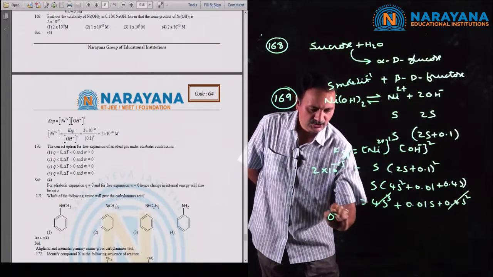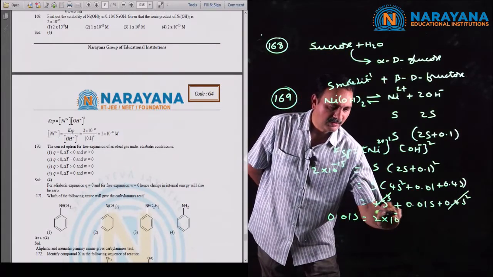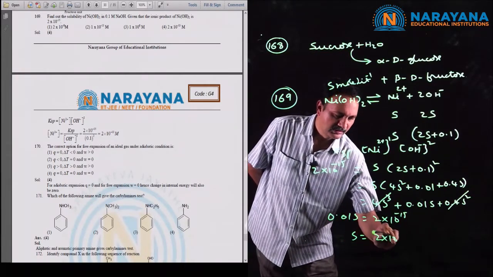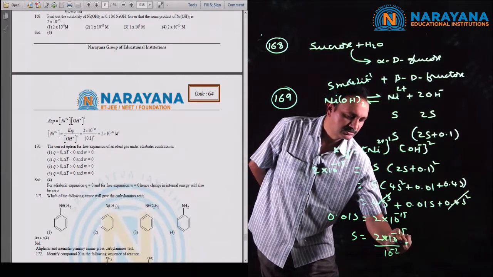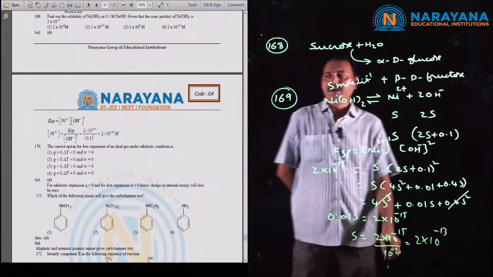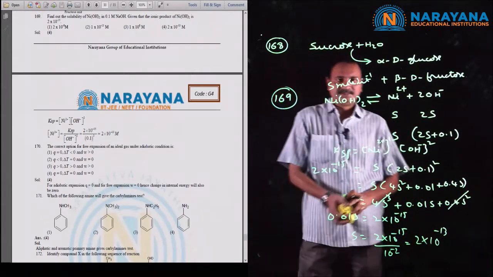Now 0.01S is equal to 2 into 10 power minus 15. So solubility is equal to 2 into 10 power minus 15 divided by 10 power minus 2, and the simplified value is 2 into 10 power minus 13, and the option is the fourth option.